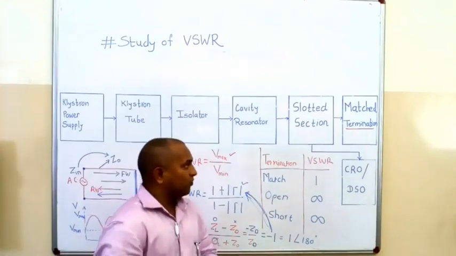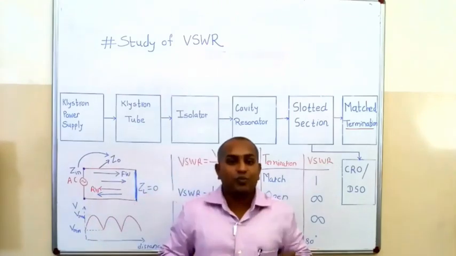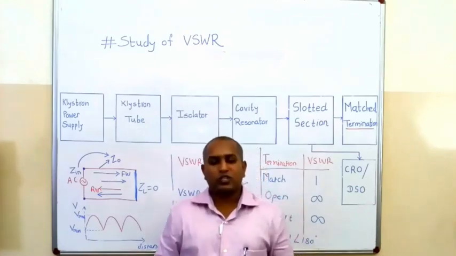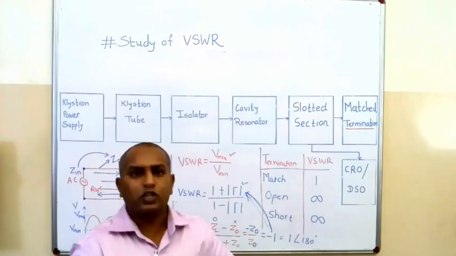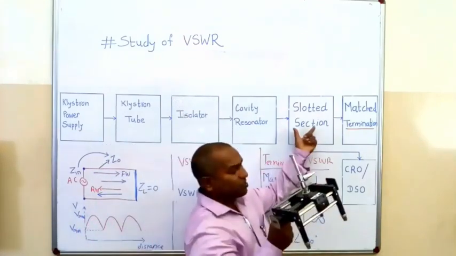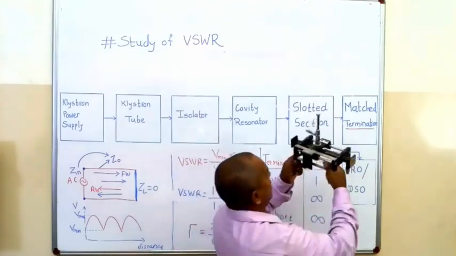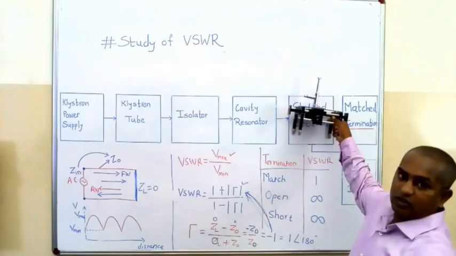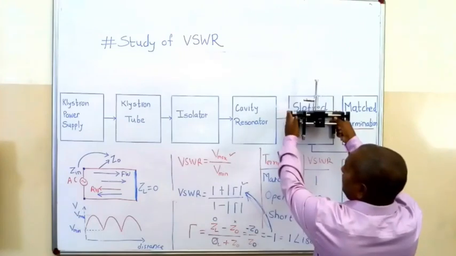Now the question comes to mind: how to measure the VSWR in our lab by using a slotted line section. Look here, I told you this is my slotted line section. This is the position of your slotted line section. Now apply some input to this port.